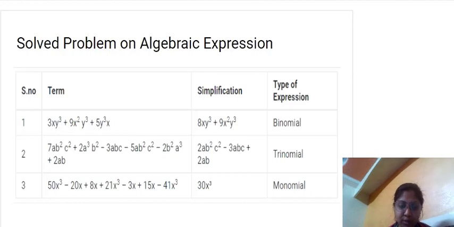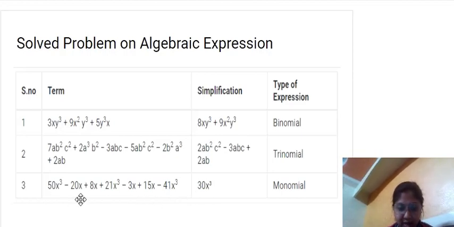50x cube minus 20x plus 8x plus 21x cube minus 3x plus 15x minus 41x cube. Here we have the like terms as 50x cube plus 21x cube minus 41x cube. We'll see that 21x cube minus 41x cube comes out to be minus 20x cube, which we will subtract from 50, we get 30x cube.